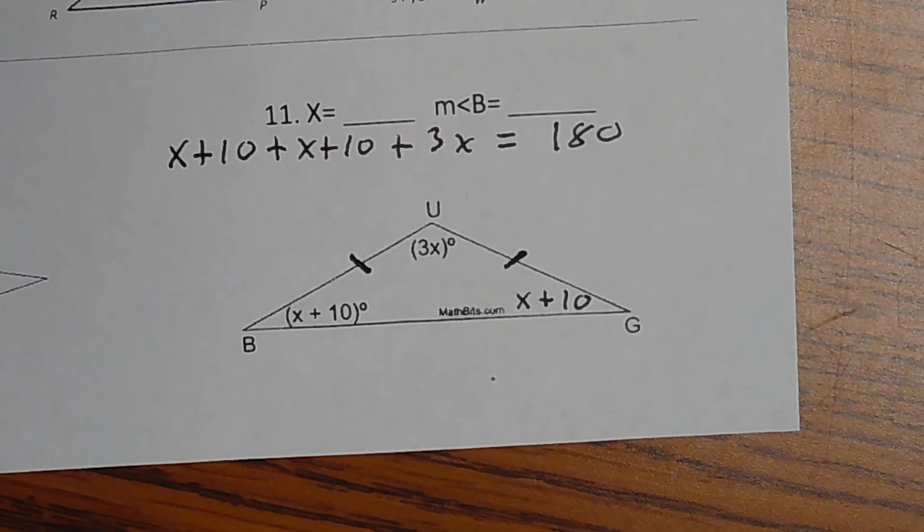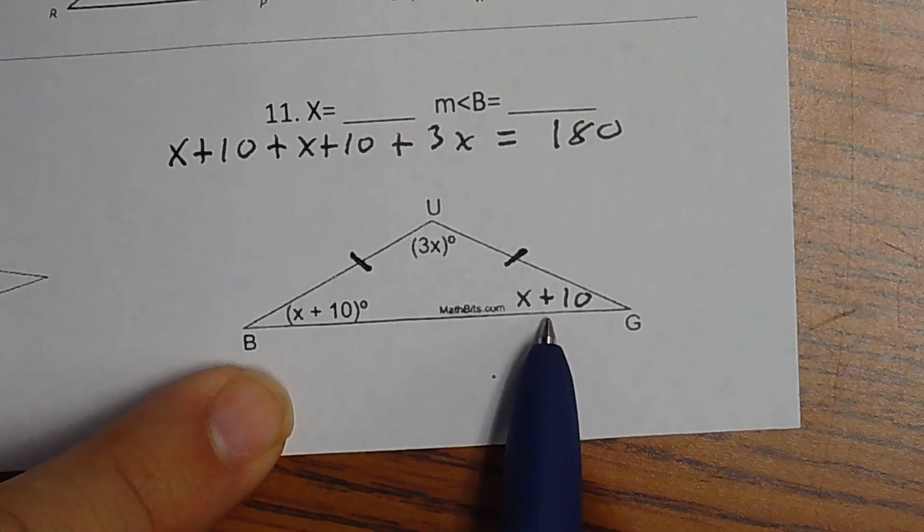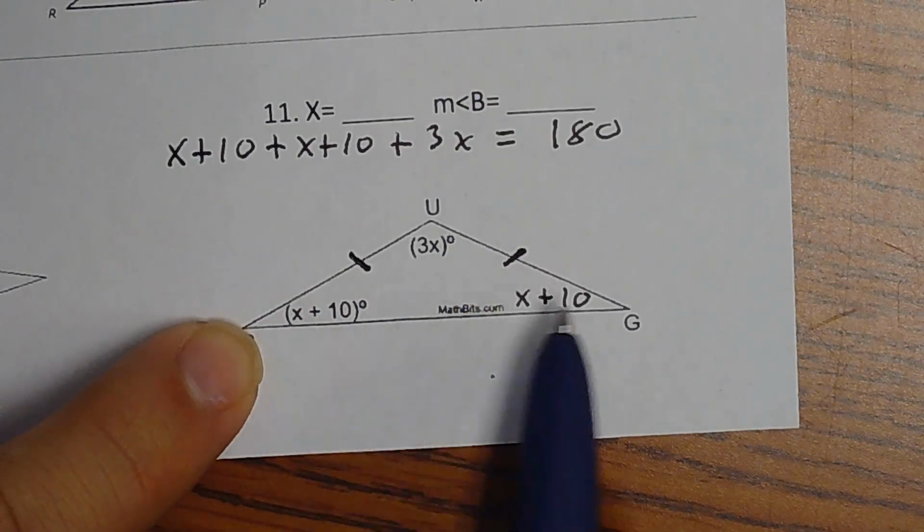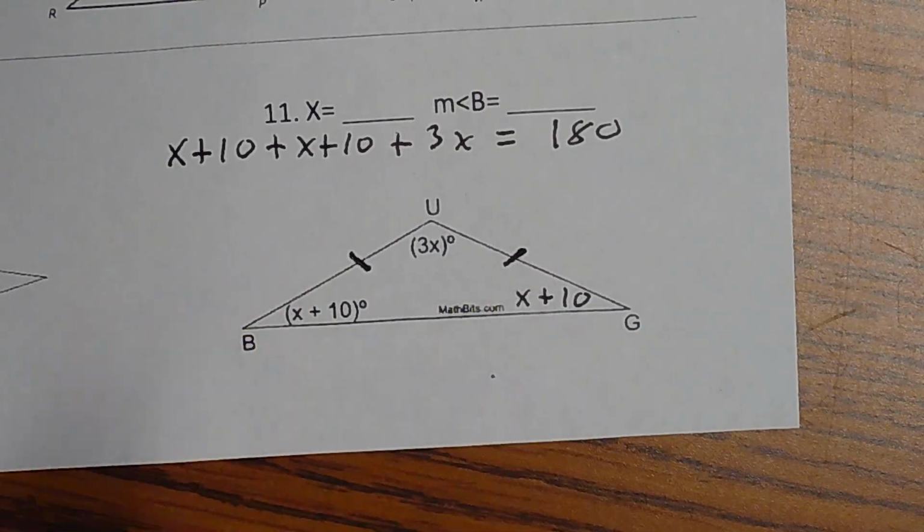Why is there another x plus 10? Because that is the other angle of this triangle. Because it's an isosceles triangle, its base angles are the exact same. So if this one is x plus 10, then this one has to be x plus 10. Good question. Any other questions so far?